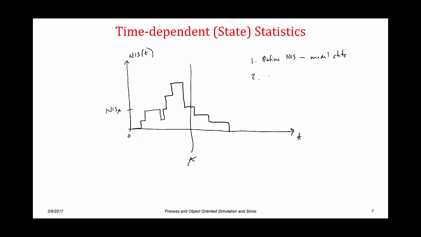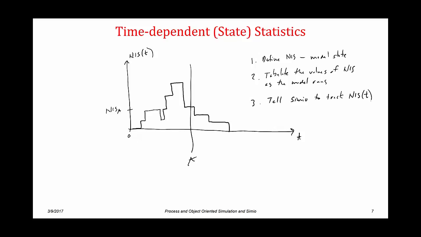The second step is to tabulate the values of NIS as the model runs. And the third step is to tell semio to compute or to track NIS of t.